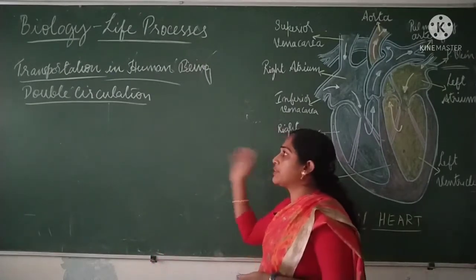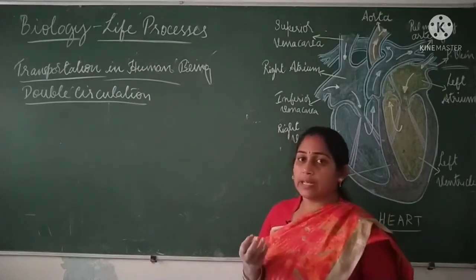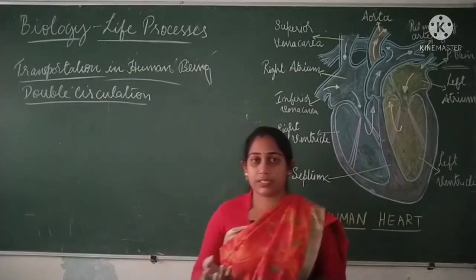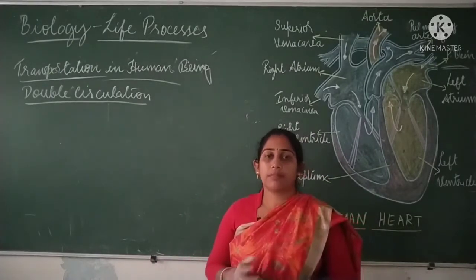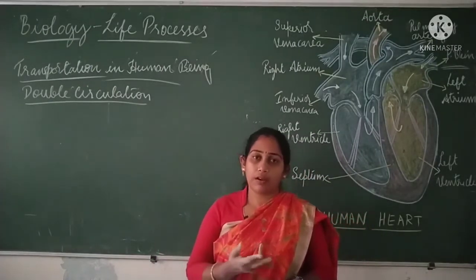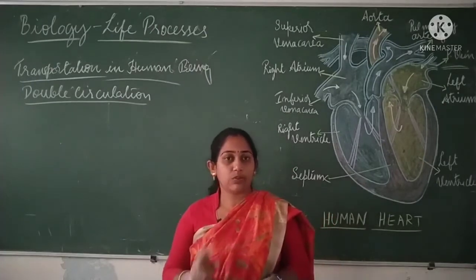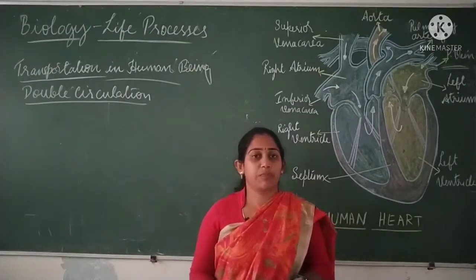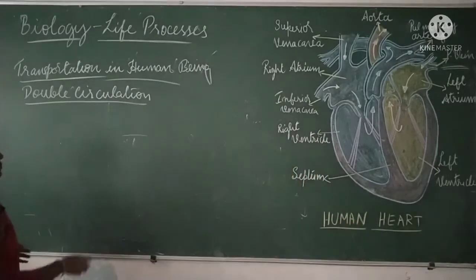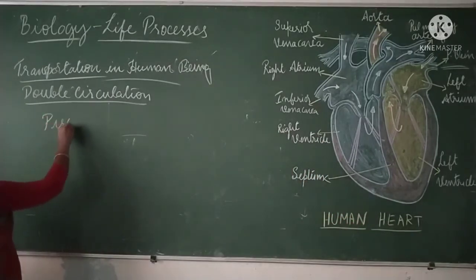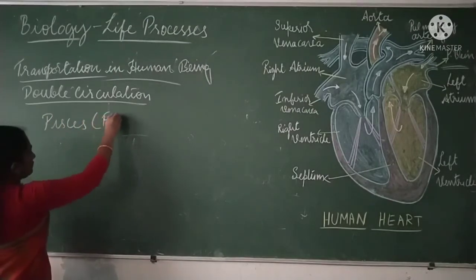But double circulation is not found in animals like amphibians, fishes and reptiles. Why don't we find double circulation in those? Because fishes have a 2 chambered heart, and reptiles and amphibians have a 3 chambered heart, right? So let us see what happens in Pisces, that is, in the fishes.